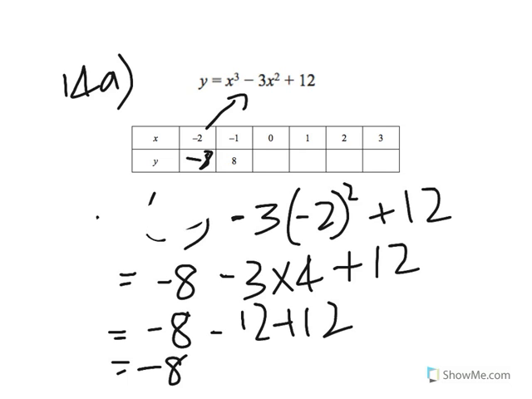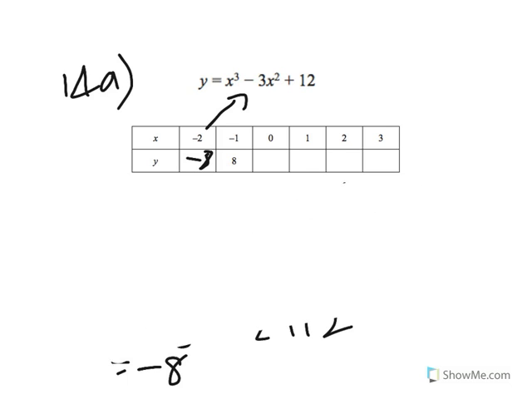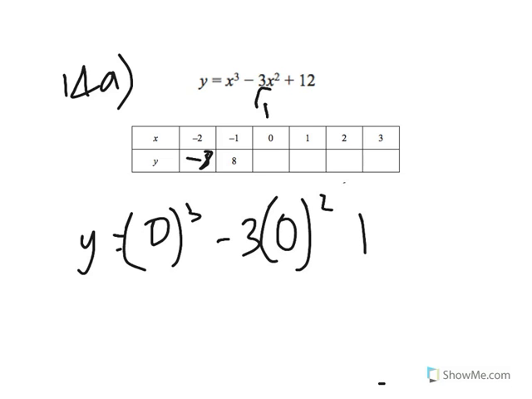Now we'll do one more, and then I think you can understand the whole story of this. Okay, so next one is 0. So all we got to do is substitute 0 into this equation again. So we're going to get y is equal to 0 cubed minus 3 times 0 squared plus 12. 0 cubed is 0, minus 3 times 0 squared is nothing but 0, plus 12.